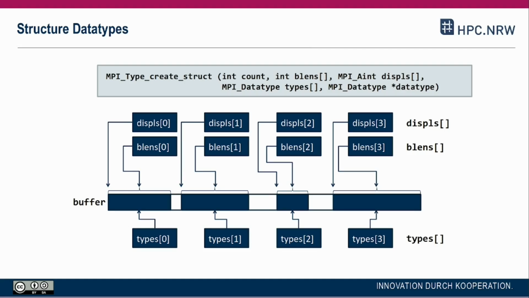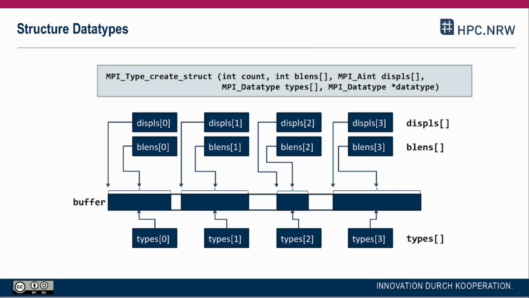We have type create struct, with the count, the block lengths, the displacements, and then the types and the resulting data type. Displacement 0 here is where my data type starts. This is one block, the first block, so it's block length 0, and it has a certain type, type 0.